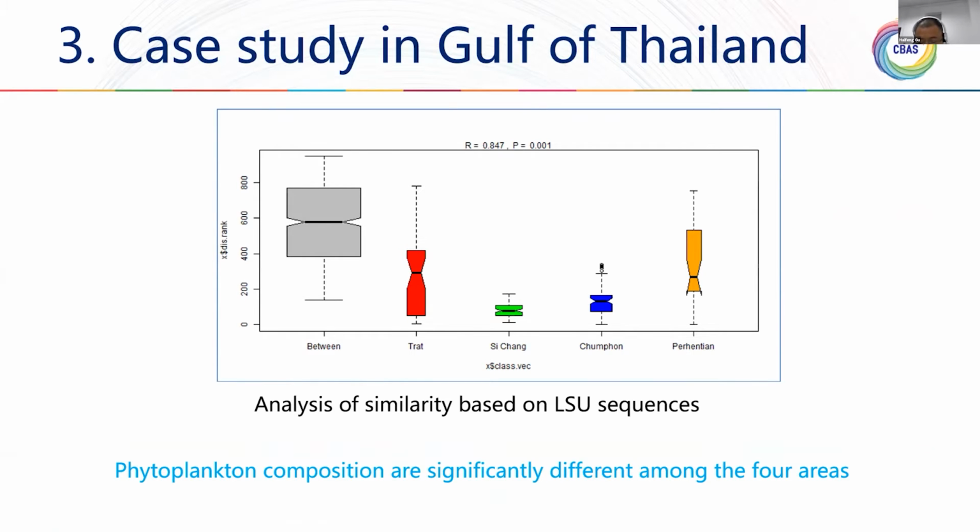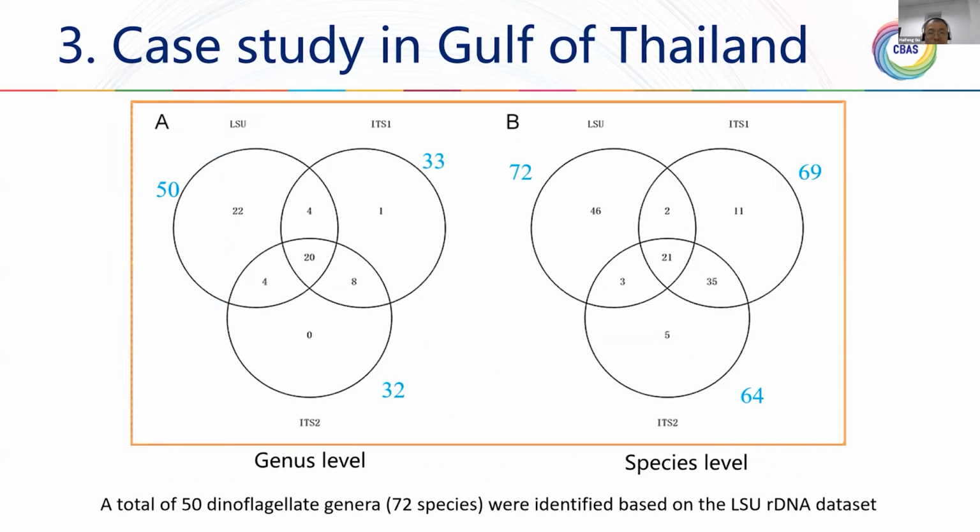This is consistent with the general trend of the status of the coral reef ecosystem. In this study, we also compared the results from LSU, ITS1, and ITS2. We can see that a total of about 50 dinoflagellate genera and about 72 species were identified.